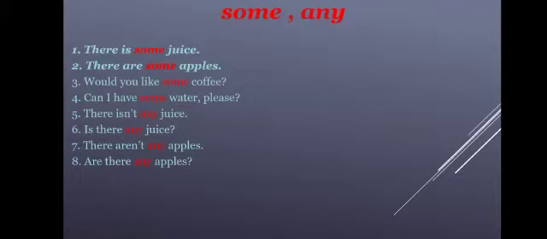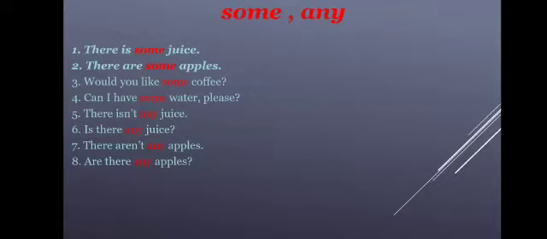But go to example number 5. There isn't any juice. Here we use any before juice, uncountable. In example number 7, there aren't any apples. We can also use any here before the plural noun. So we can use any before uncountable and plural noun.